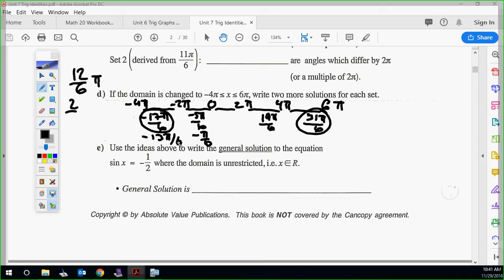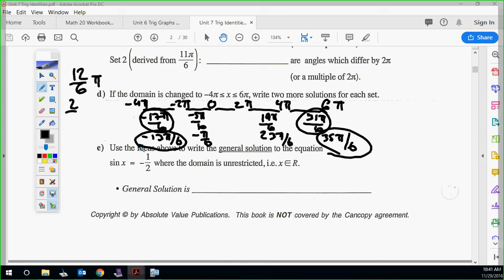Then the other direction, this one over here was 23 pi over 6. And so add 12 to that, it's 35 pi over 6. So your two new ones for that part is this one. So you have 1, 2, 3, 4. We gained 4 more solutions by extending it 2 sections.